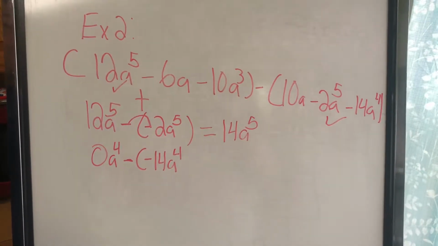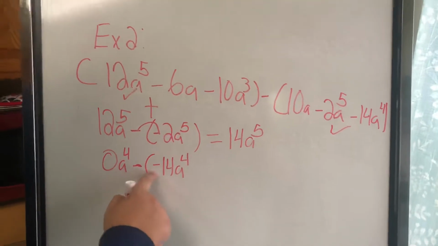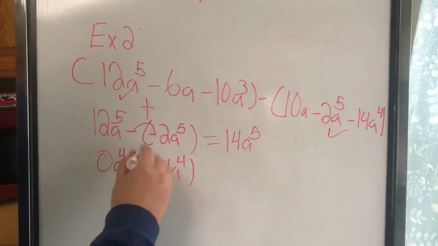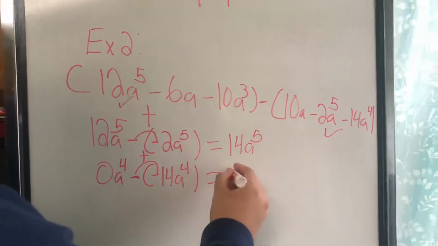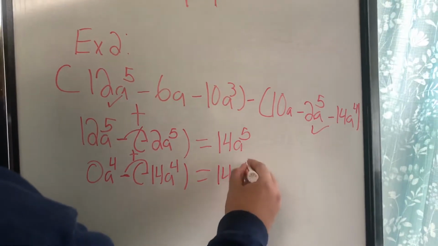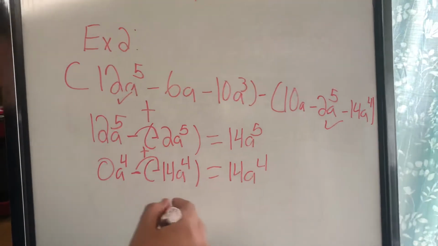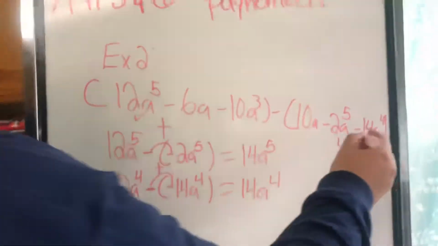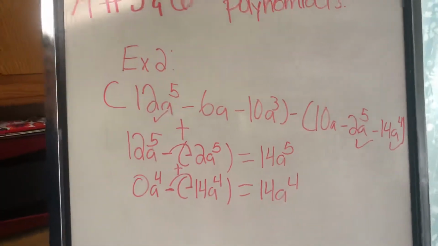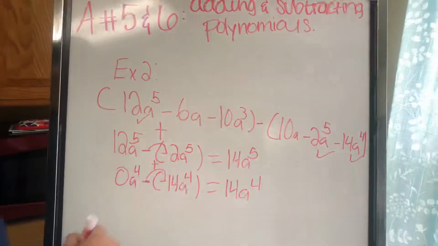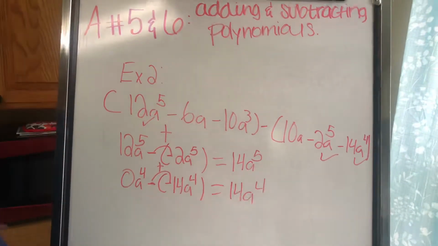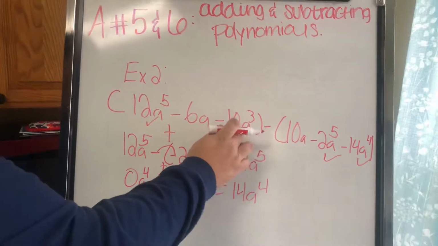Now, from here two negatives give you a positive. 0 plus 14, well, it's a positive, so 14a to the power of 4. Now, this is a check mark. Next highest exponent is going to be 10a to the power of 3. Now, this is where the rule comes back, but this time it starts on the left.